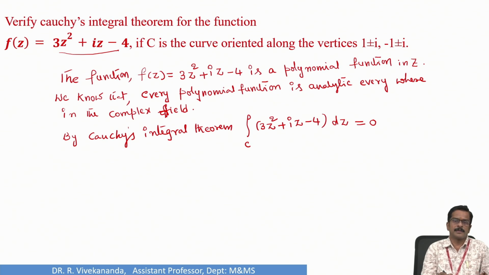Okay. So for this question, I have discussed previously by taking the square, evaluating the integration along each side of the square and adding them, that is going to be 0. That is also a verification of Cauchy's integral theorem. The other method is this one.